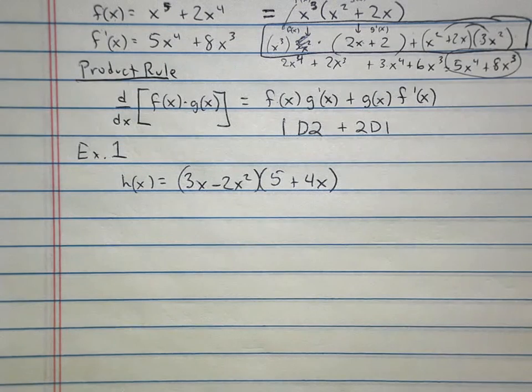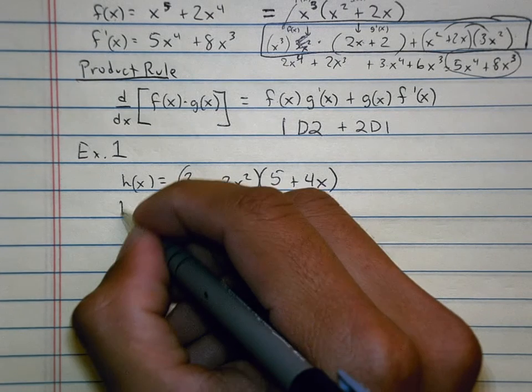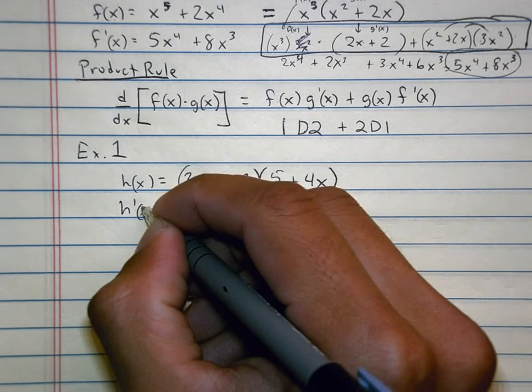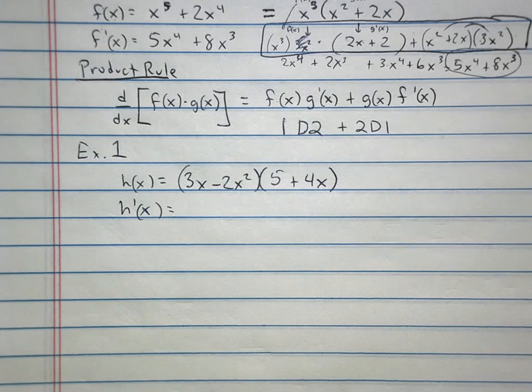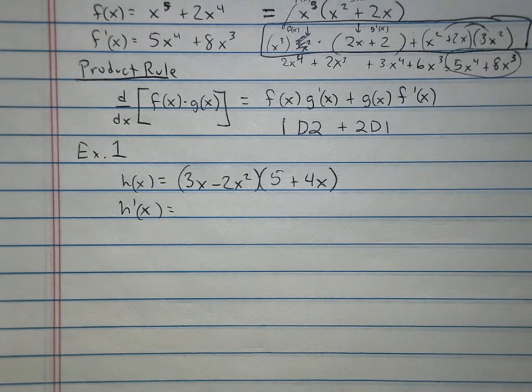I want you to find the derivative of h of x. With the neighbor, you may compare your answers after you find it. Hopefully you're going to use the formula. Hopefully you know how to do the formula easily. And I will randomly select a few of you to see. I'm going to stop the recording.